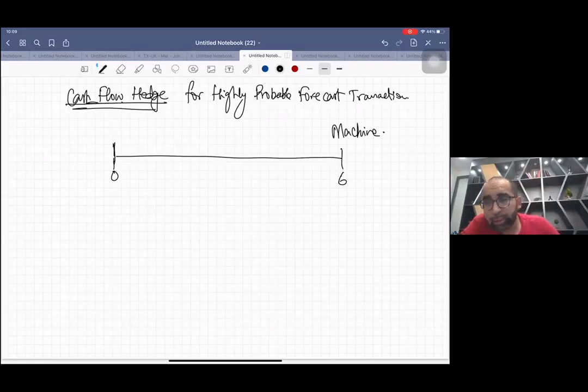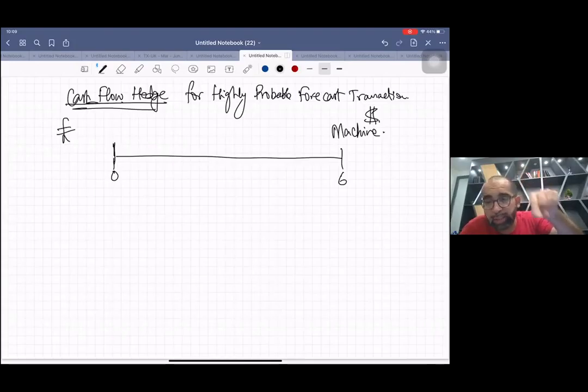Okay. But the issue is that our currency is, let us say, pounds. Our currency is pound, but this machine we have to buy from United States, so it will be dollar based. So just see the difference in currencies. So there is an exchange rate risk. Yes, we have a risk.